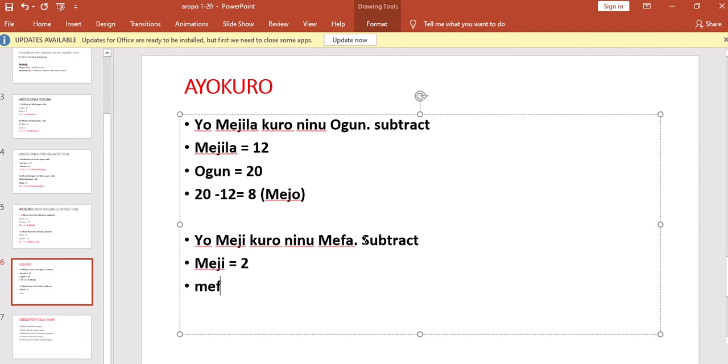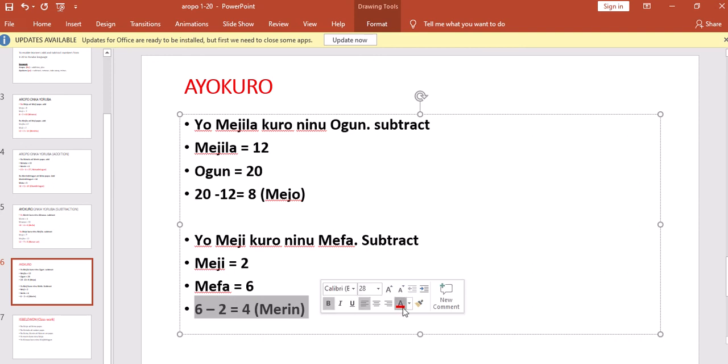Mẹ́fà is 6. That means the question is saying 6 minus 2, and the final answer will be 4. What is 4 in Yoruba? Mẹ́rin. 4 mẹ́rin.